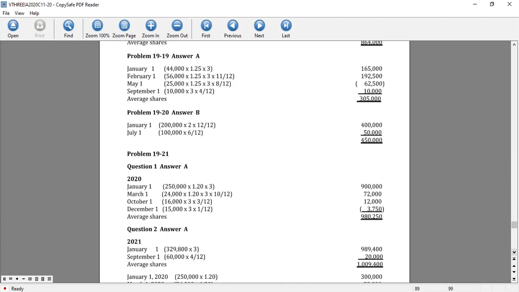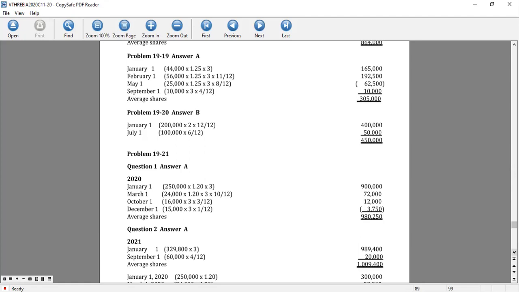August 1, 25% share dividend. September 1, resold treasury shares. And November 1, issued a 3-for-1 share split. So our January 1 is to be computed by multiplying the 44,000 shares outstanding on January 1, then we multiply by 1.25 because of the share dividend on August 1.